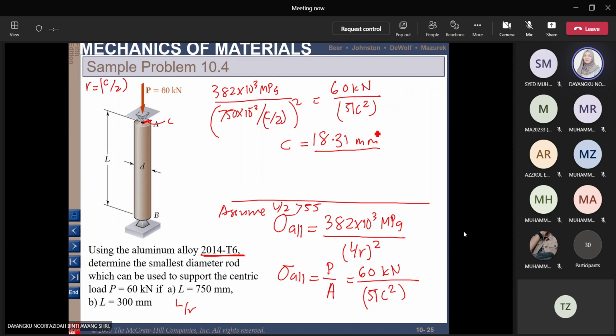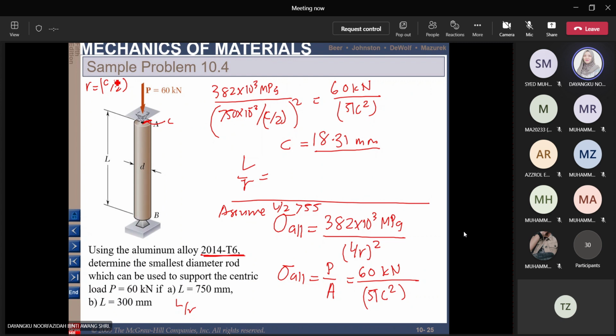Then you need to check again what is the value of our L over R, because this is based on the assumption. So our L is given there, 750, and our R is here, 18.31 divided by 2. So you should get 9.6 something.